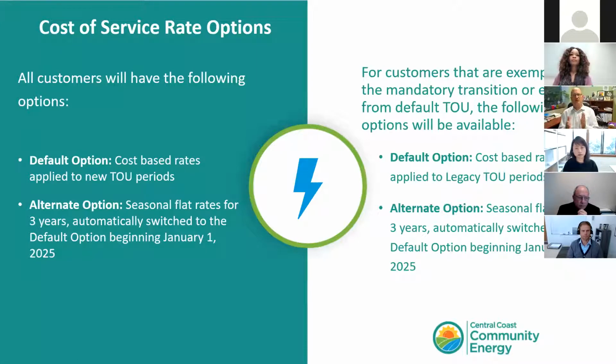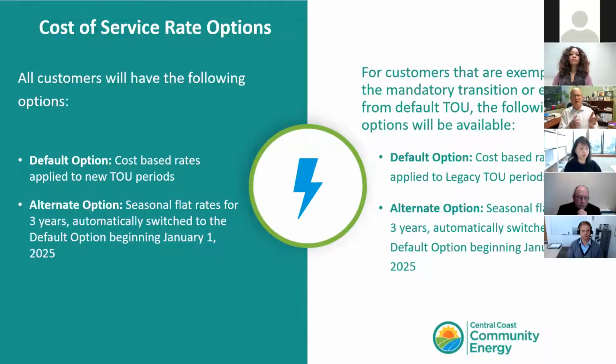So when we talk about the cost of service rate options, and what 3CE is rolling out relative to their new rates, there are two different classes. The majority of the customers within the class are going to be on the default option. And the default option is a cost-based rate. As Lena mentioned, we're moving from a discounted base rate to a cost-based rate. The default option will be a cost-based rate on the new time of use periods.